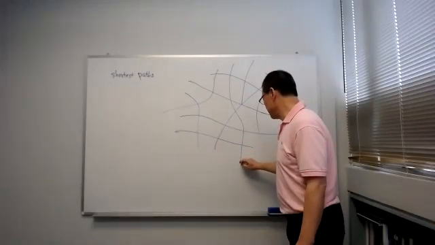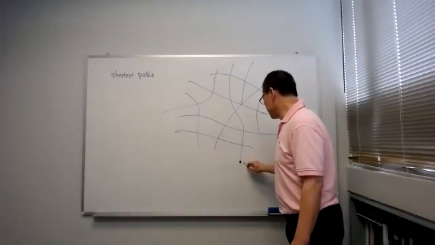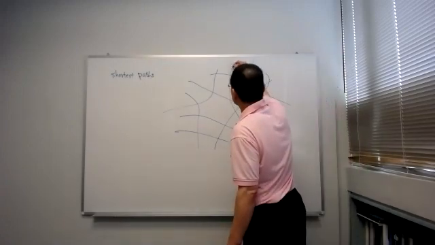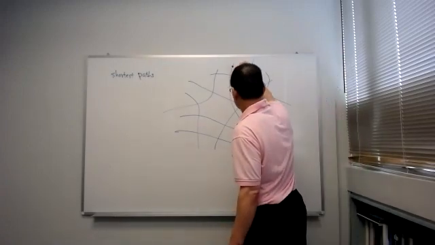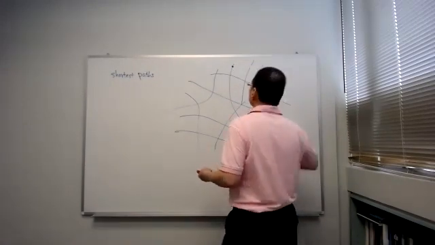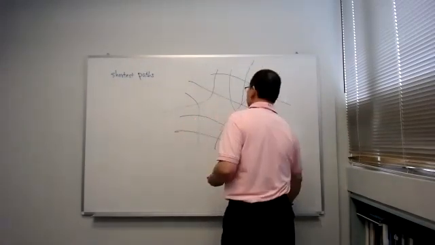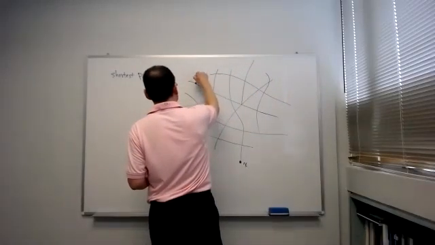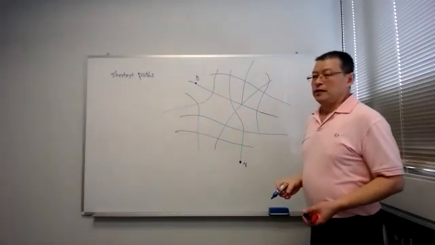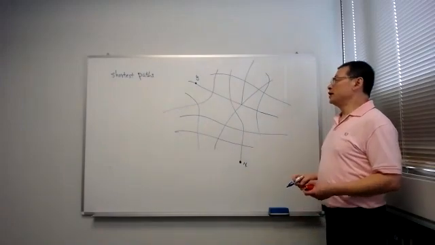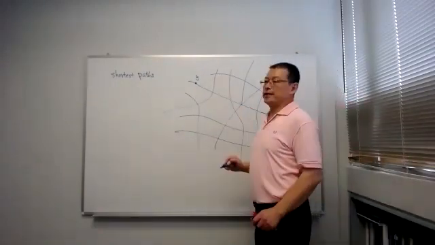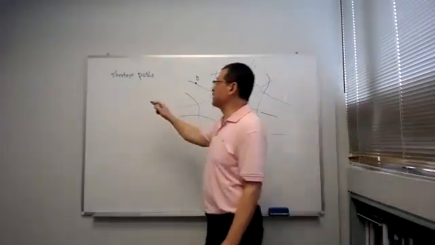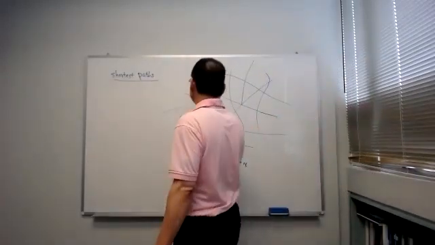So X. You want to get from X to Y. Maybe Y is here. All right. So you want to get from X to Y as quickly as possible. So this relates to finding a shortest path from X to Y.